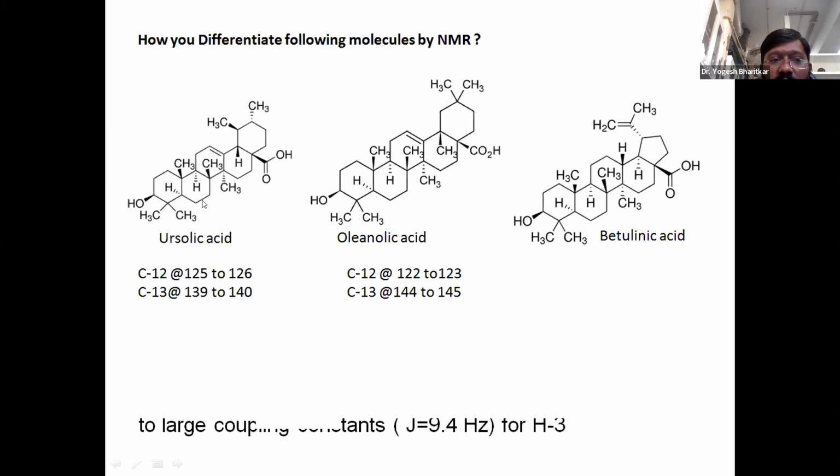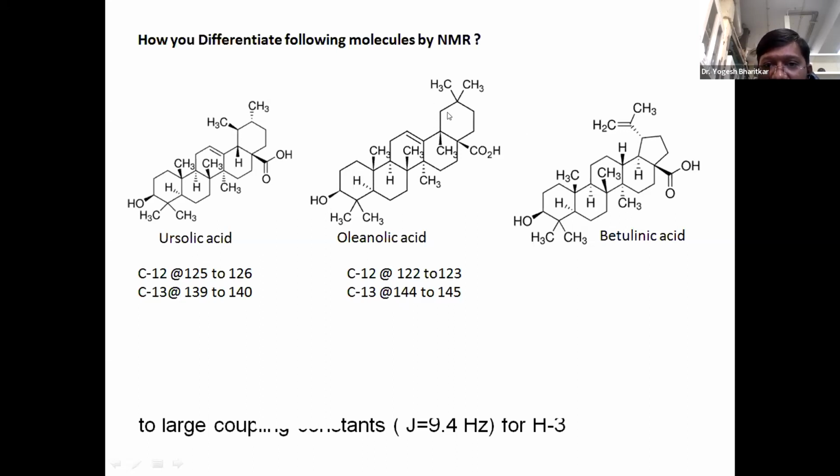Okay, and the other, DEPT spectra. Here this one is a doublet, so we get one CH extra.